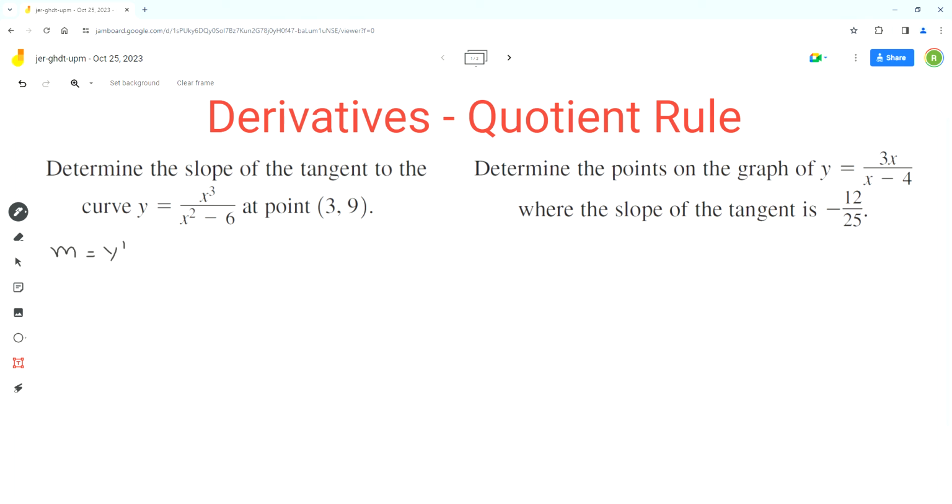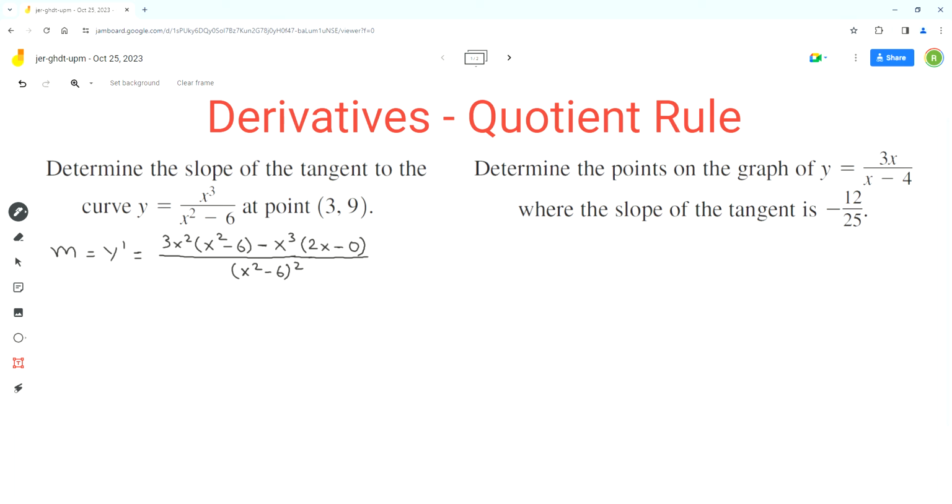So I'm using the prime notation here, which is equal to, as per the quotient rule, we start with the derivative of the numerator, which is 3x squared, times the denominator, x squared minus 6, minus the numerator, which is x cubed, times the derivative of the denominator, which is 2x minus 0, over the square of the denominator, so (x squared minus 6) squared.